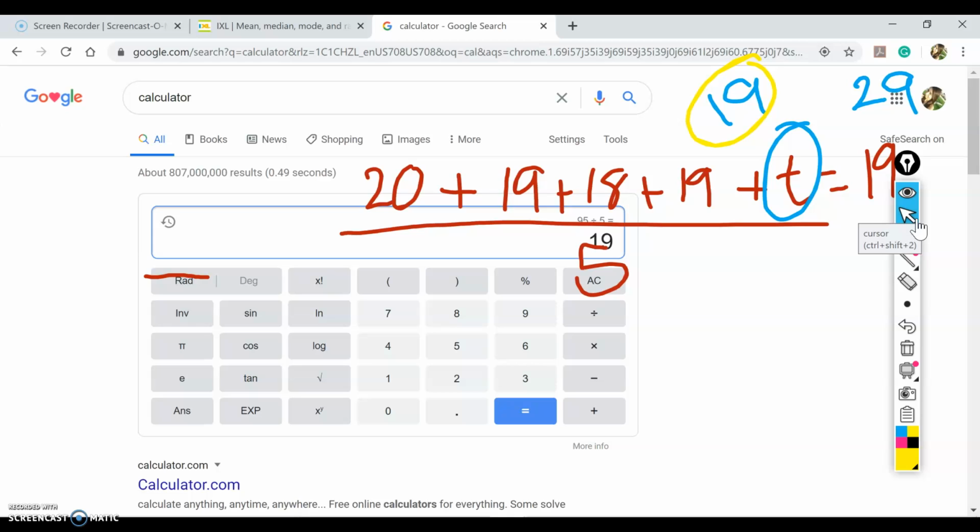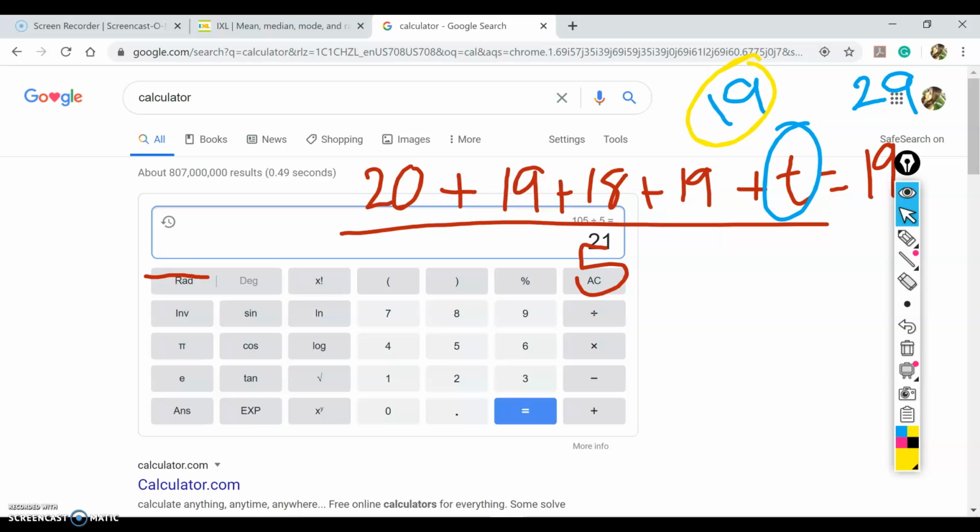Now let's see why 21 is not the answer. 21 is not the answer because if I add them, 20 plus 19 plus 18 plus 19 plus 21, so I'm replacing that number, divided by 5, I get 21, which is not the answer I'm looking for.